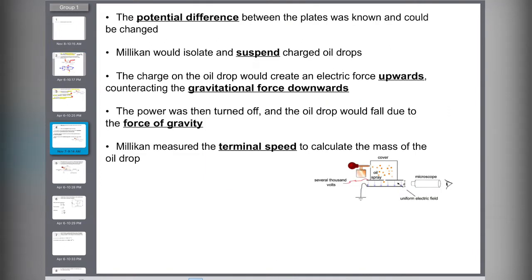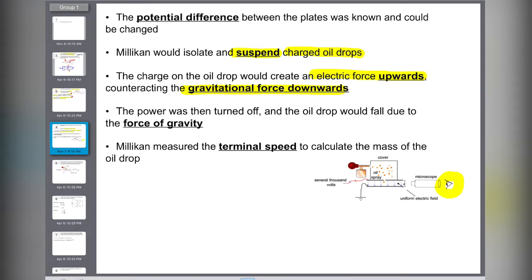Now we are trying to suspend the oil drop, knowing that the oil drop will have an upward force and a downward force. The upward force is the electric force and the gravitational force is downwards. Somebody looks at it from the side and adjusts the voltage on the outside until it stays right in the middle.